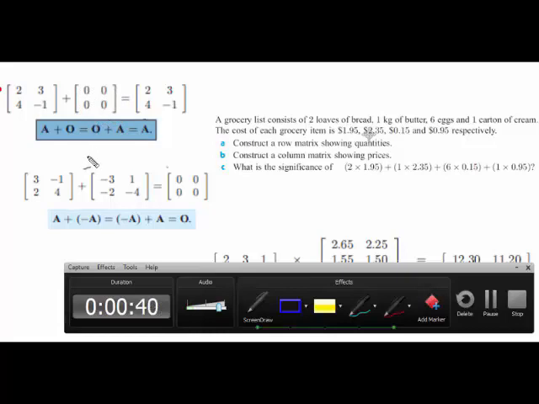We call that, quite predictably, the zero matrix, and it has a property which will become more useful once you get into matrix proof. So A plus 0 equals 0 plus A equals A.